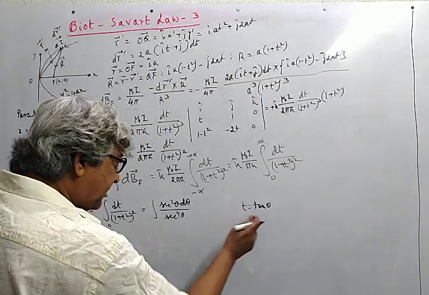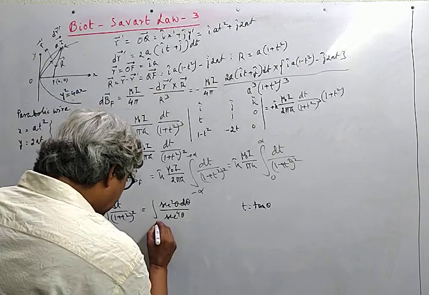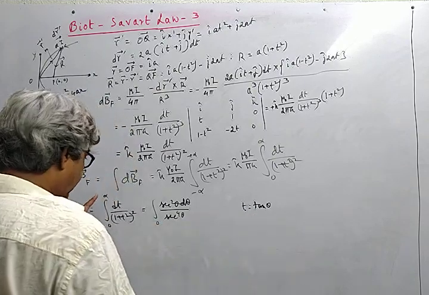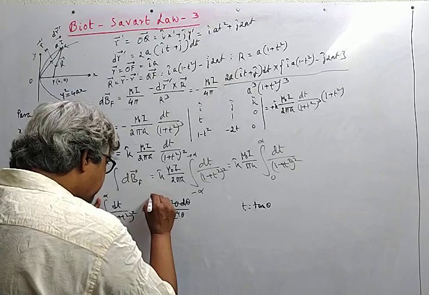The limits: when t is equal to 0, theta is 0, and when t is infinity, theta is pi by 2.